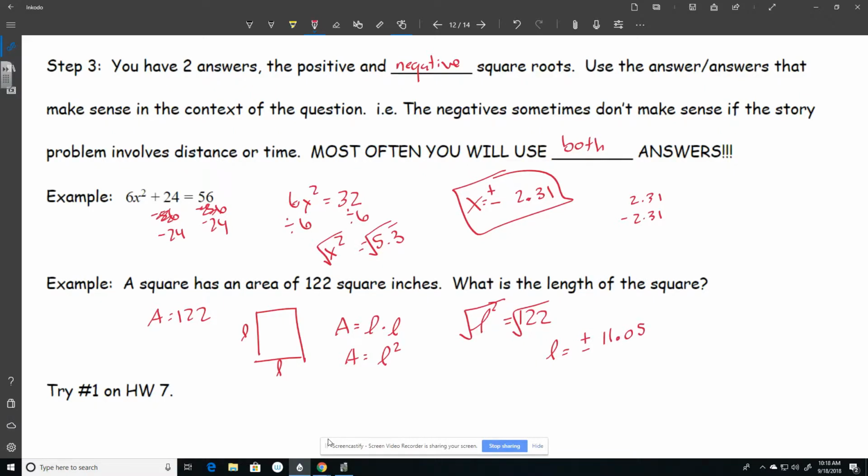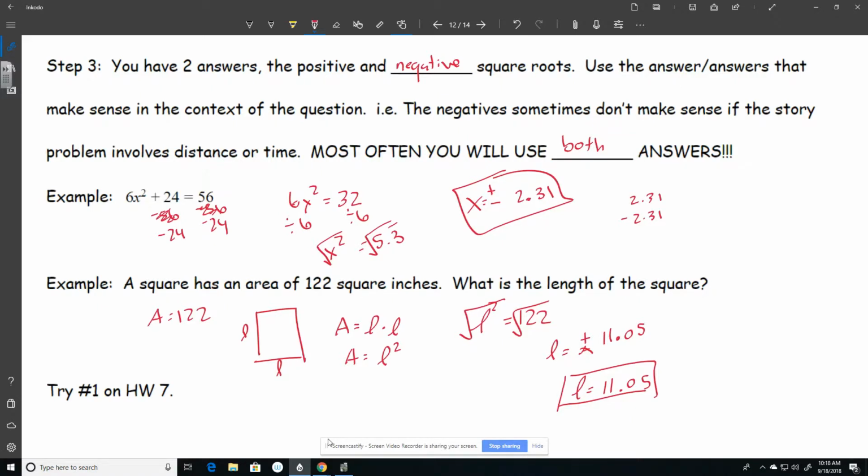But this is a length. I can't have a positive length and a negative length. First of all, they have to be the same. Second of all, negative length doesn't make any sense at all. So I'm going to ignore the negative, and my answer is just going to be the positive 11.05, because in the context of the question, the negative doesn't make sense.